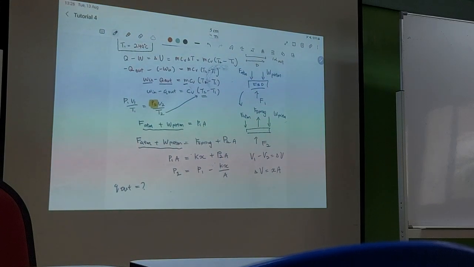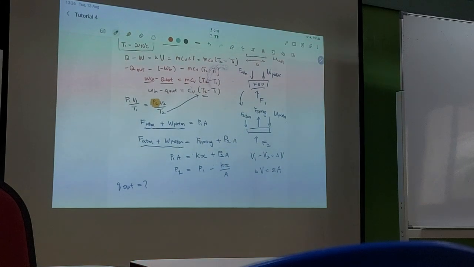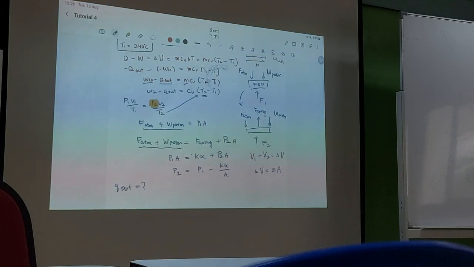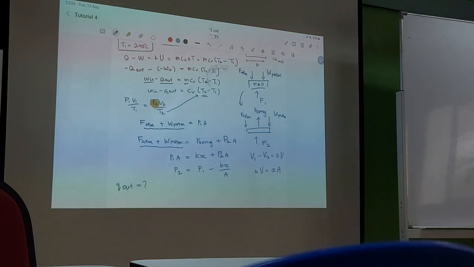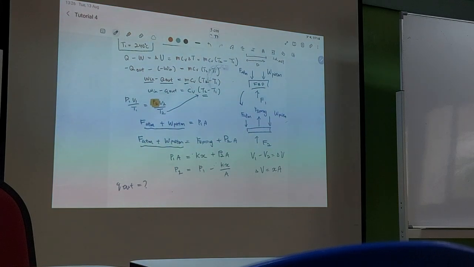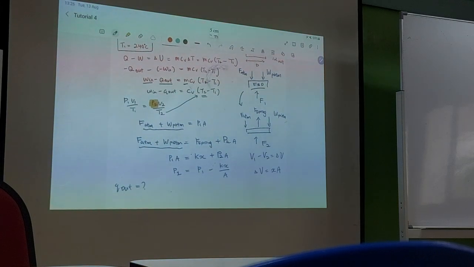So in this case, you can sub in the work done by the spring, which will become kx squared. So you can find Q out.